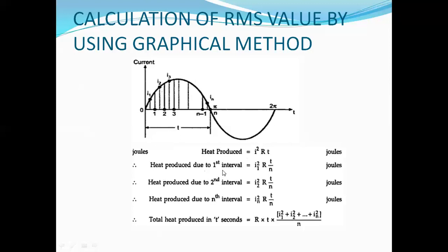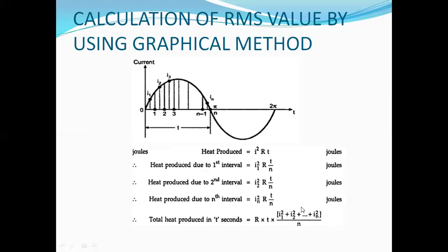So the heat produced in the first interval is I1 square R into T upon N. Similarly, the heat produced during the second interval, of duration T by N with current I2, is I2 square RT upon N. Similarly, for the nth interval, it is In square RT upon N. In this way, the heat produced during each interval is like this, and therefore the total heat produced in T seconds is R into T into the sum of all these, that is I1 square plus I2 square plus In square upon N.